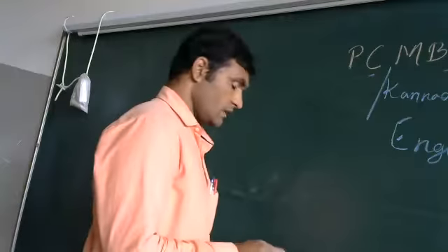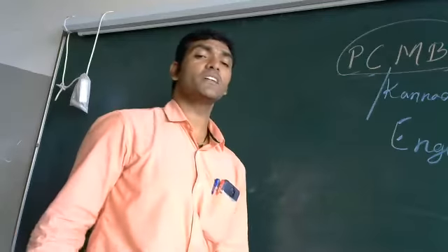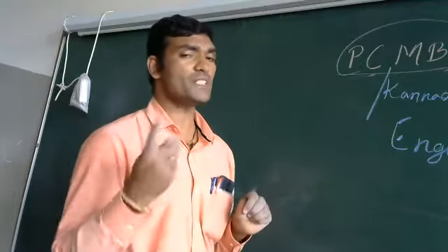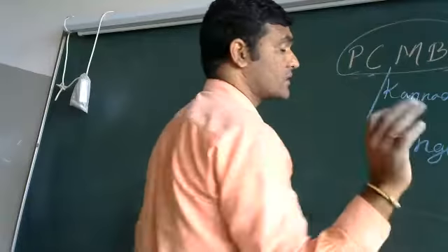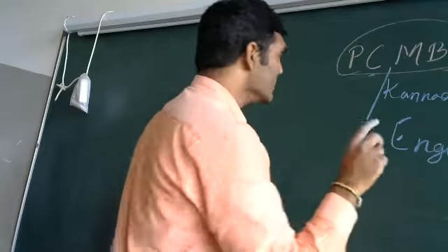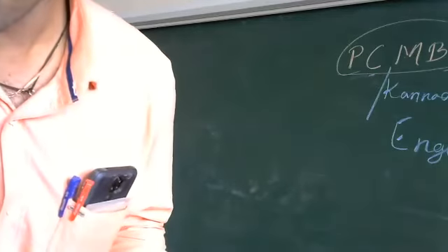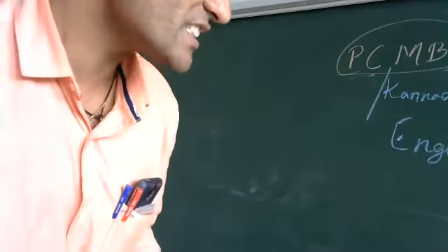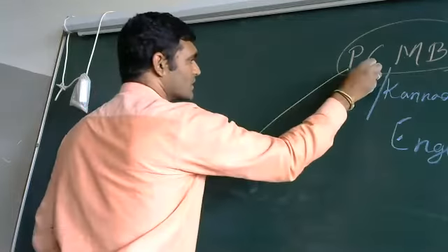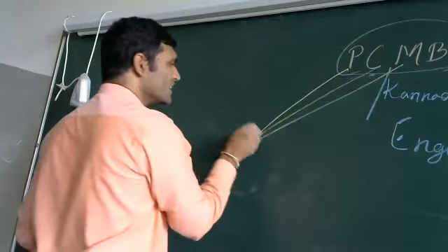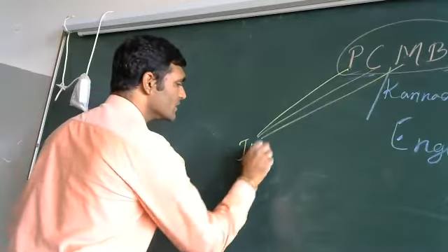Now, in these four, we can select any three subjects. Which are those three subjects? For JEE, we can select these three subjects, and we must study these three. Then which exam can we give here?